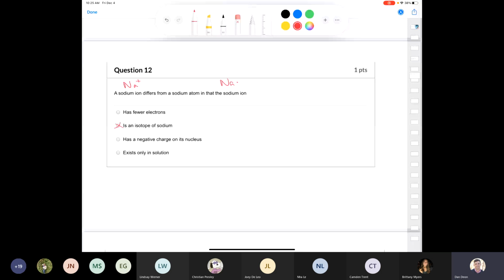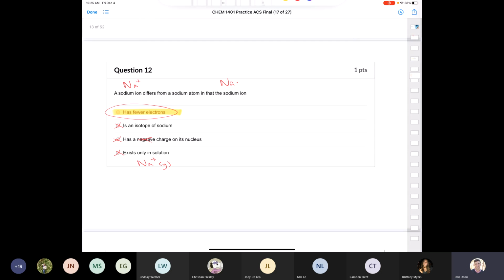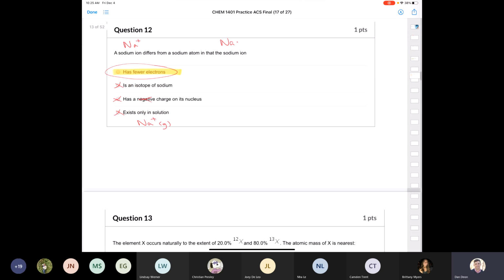Well, it's definitely not an isotope. They both have the same number of protons. Has a negative charge? No. Sodium has a positive charge. It exists only in solution? Not necessarily. We have a sodium lattice phase. We looked at lattice energy enough times, but sodium plus has 1 fewer electron, doesn't it? It's lost an electron. That's just a conceptual question.